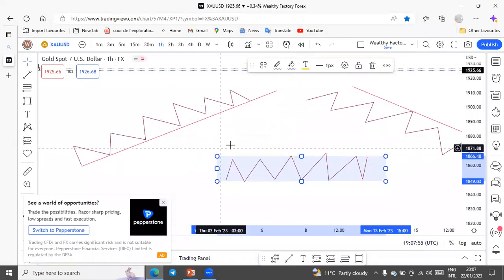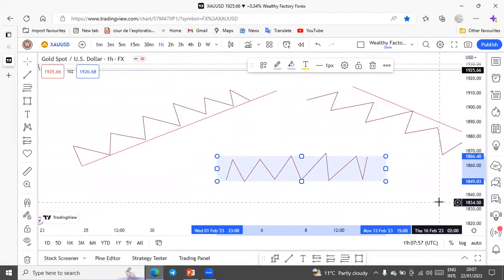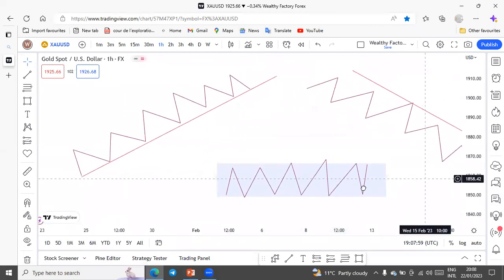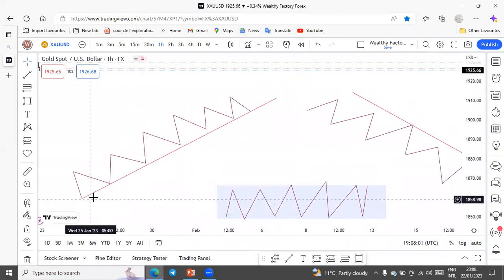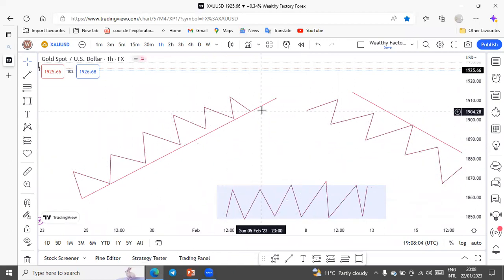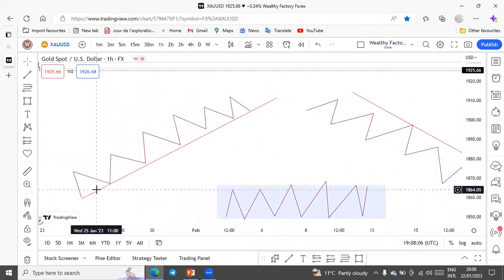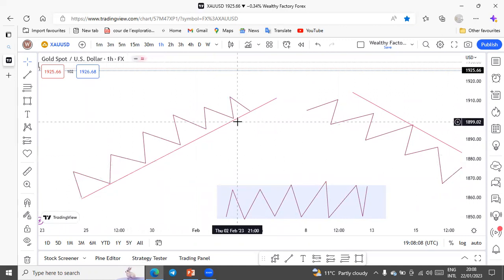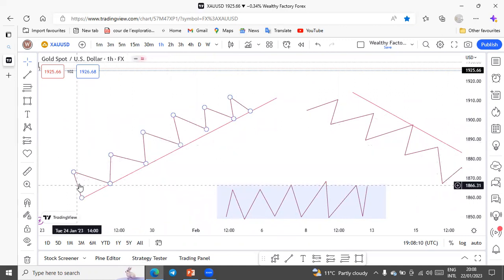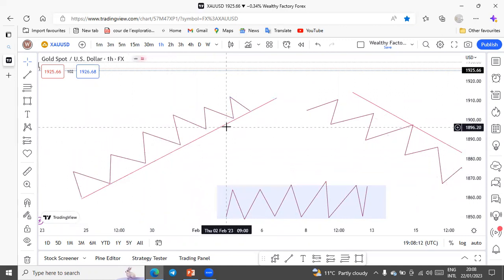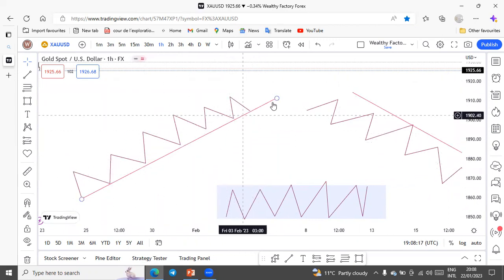As you're looking at this market, there are a few things that you have to know. When the market is going up like this, as a trader, you are supposed to be looking for buying opportunities. The only thing that you're going to be looking for are buying opportunities. You don't sell when the market is going up.